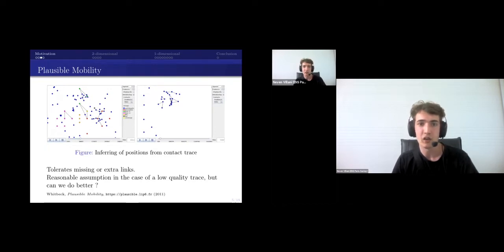But as you can see on these pictures, there are quite a few pairs of vertices that should be close enough to communicate given the reconstructed embedding, but that are not linked. Although this is a reasonable assumption in the case of imperfect measuring instruments, which could have missed some connections either way, we are interested in knowing how far we can go, assuming a perfect trace, assuming no opportunity for contact was missed.